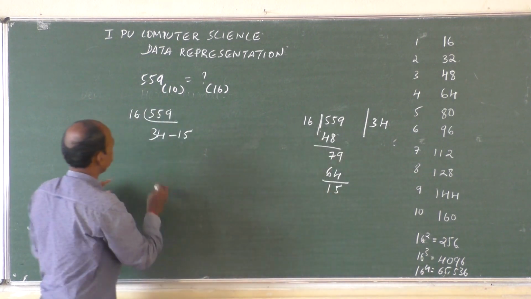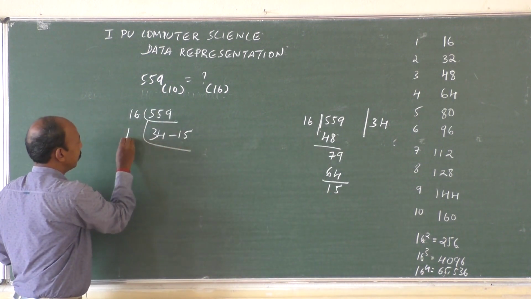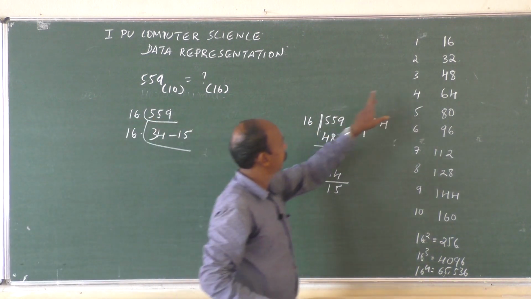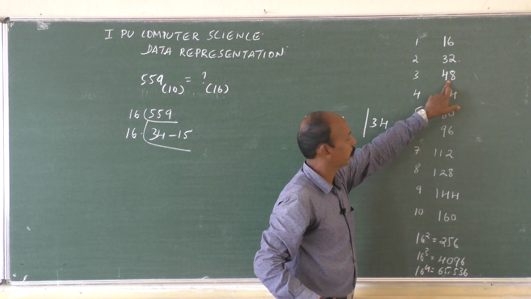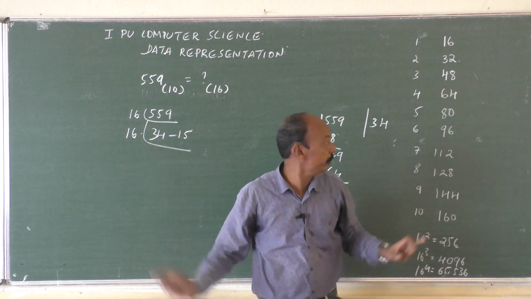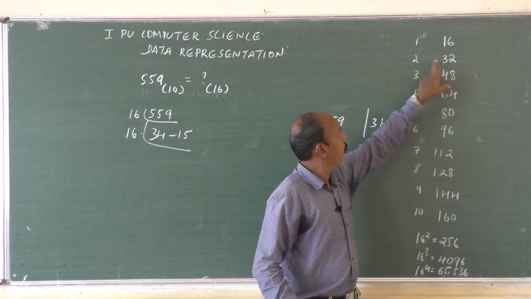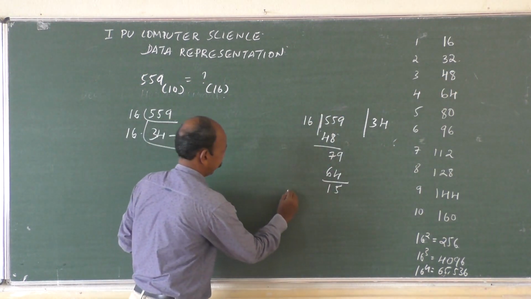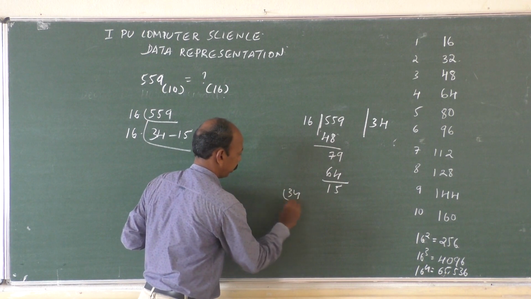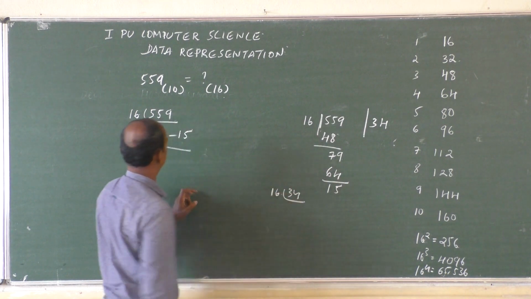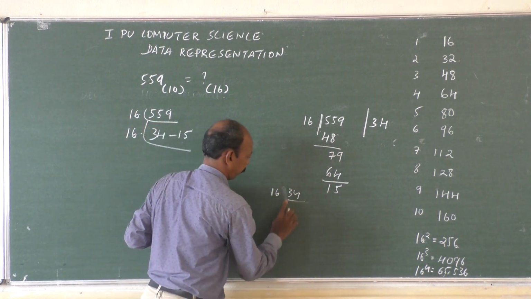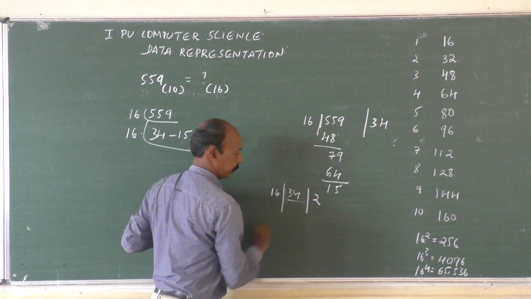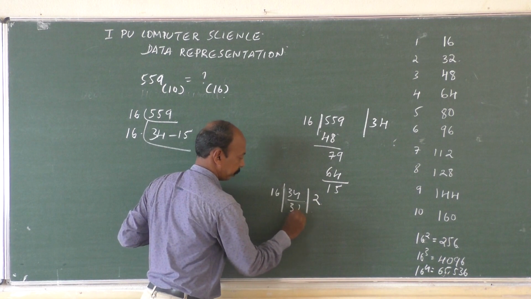Now again, divide by 16. It is 34. 16 3s are 48, not possible because what we have is 34. 16 2s are 32. So let us write here, 34 divided by 16. It's 2, that is 32.